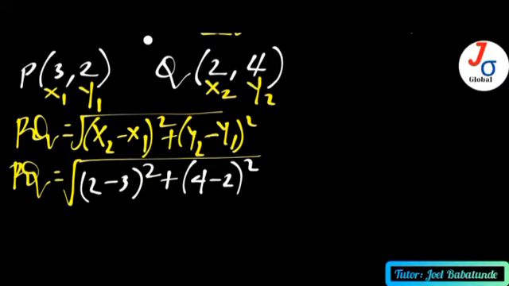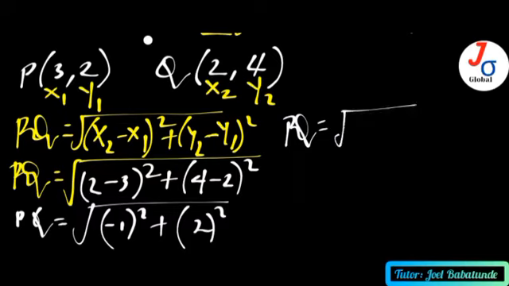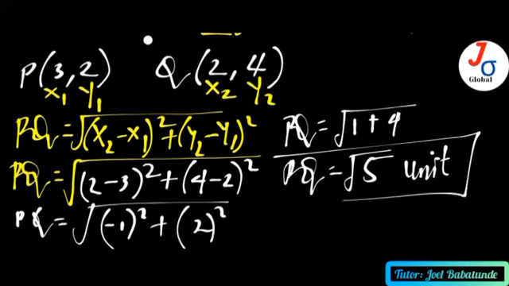And that gives us PQ equals square root of 2 minus 3 is minus 1 squared plus 2 squared. That gives us square root of 1 plus 4, and thus PQ becomes square root of 5. So I can leave my answer like this, but I have to write a unit. I don't know what that unit can be. It can be anything. So the length is actually root 5 units.